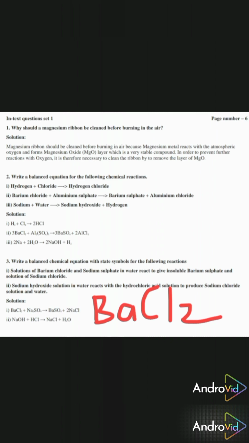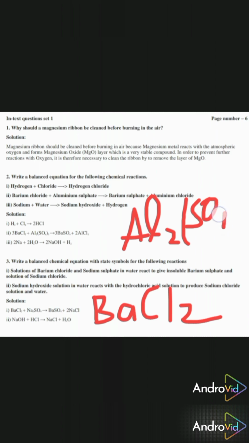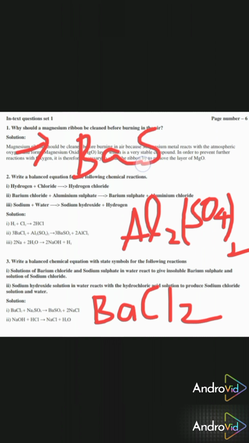When reacted with aluminium sulfate, that is Al2(SO4)3, it gives the product BaSO4, barium sulfate, plus aluminium chloride, AlCl3.